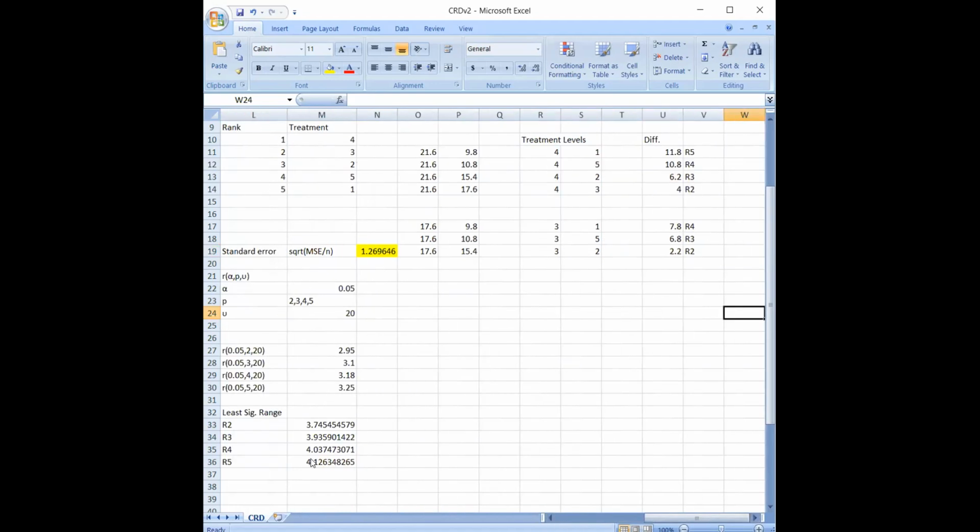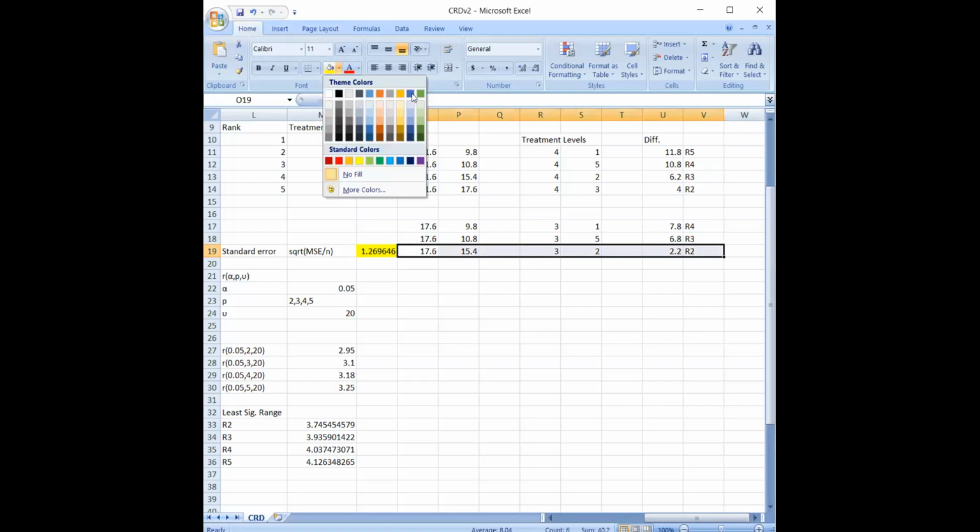R4 is equal to 4.03, so the difference is greater than R4, no problem. R3 is equal to 3.9, and the difference is greater than that. Let's take R2. R2 is equal to 3.7, but the difference is 2.2. In this case, the difference is less than the least significant range, so you have to consider that one as a significant difference.